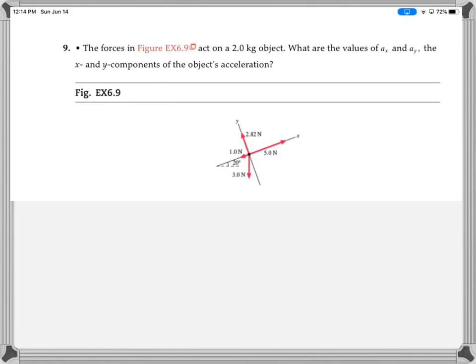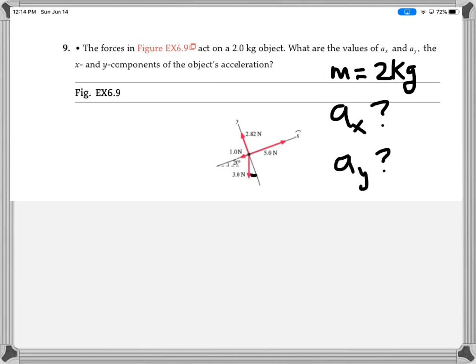So notice that the x and the y axes have been tilted, so you gotta be careful with that. Use those axes to express the components of all the vectors. So mass is 2 kilograms, that was given, and we're looking for acceleration in the x and acceleration in the y. So free body diagram provided, notice the axes.